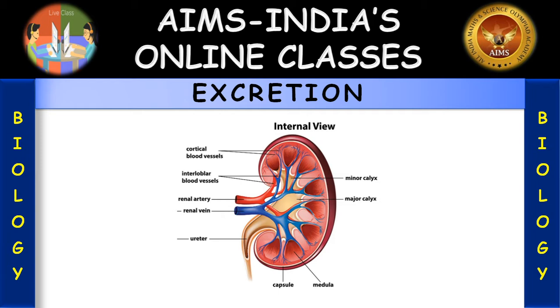Kidney transplantation is a permanent solution to renal failure patients. Different animals have different excretory organs: amoeba contractile vacuole, platyhelminths flame cells, Annelida nephridia, arthropoda means insects, Malpighian tubules, reptiles, birds and mammals, kidneys.